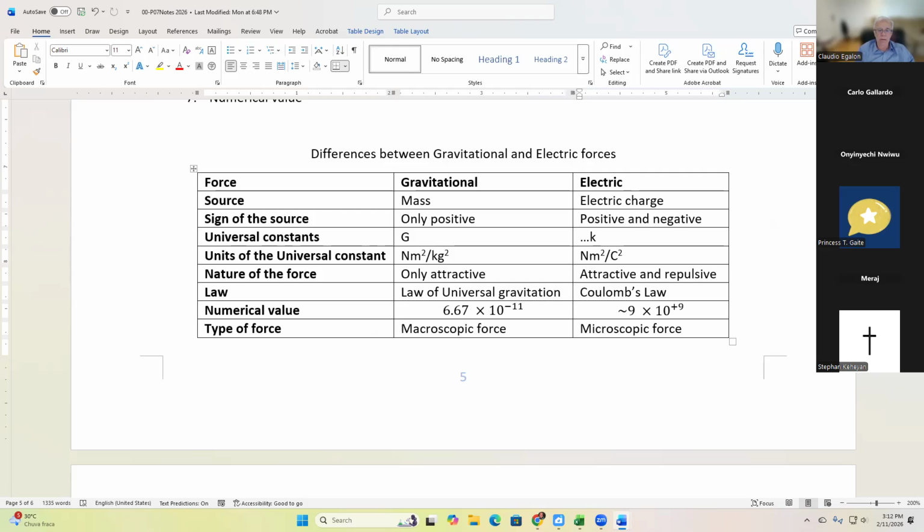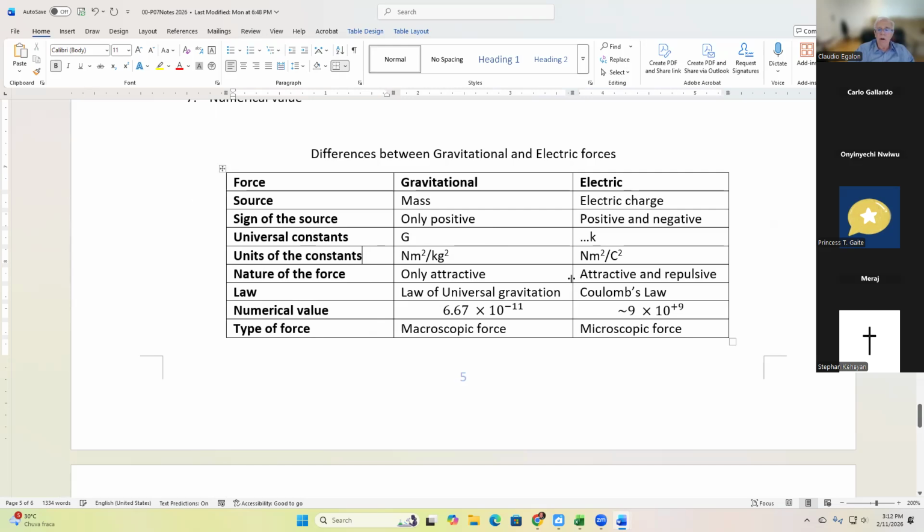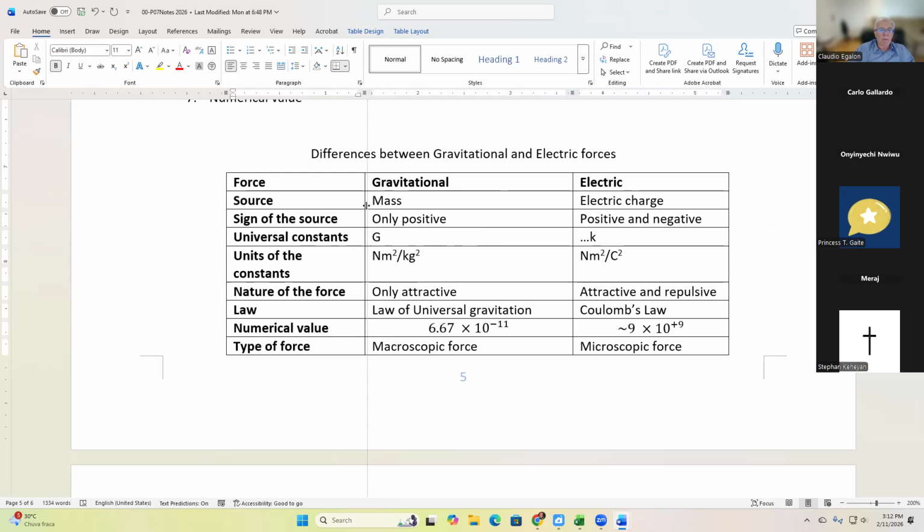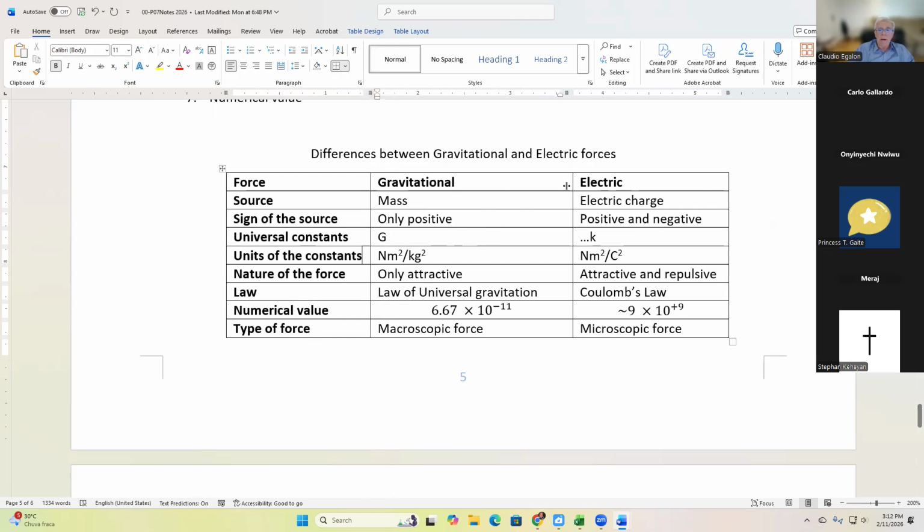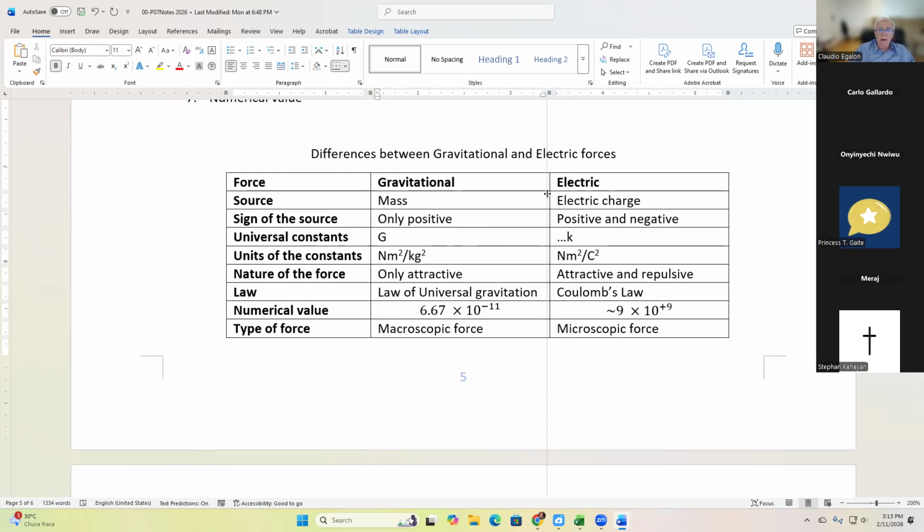Electric force reigns supreme in the microscopic world. Units of the constants. Let's put it here. As time goes by, we find simple ways of improving the table. Here you go. Supreme.